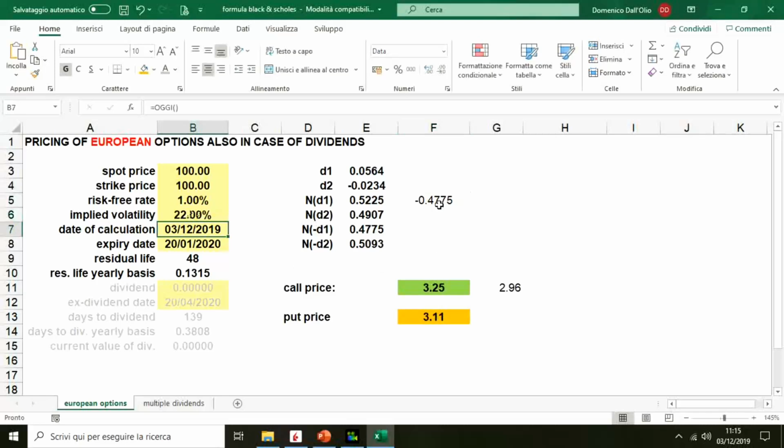So how do we get to the delta of the put? We calculate the delta of the call as if the call had an implied volatility equal to 22%. And then we calculate the delta of the put as the complementary to minus 1 of the delta of the call. And that's it.